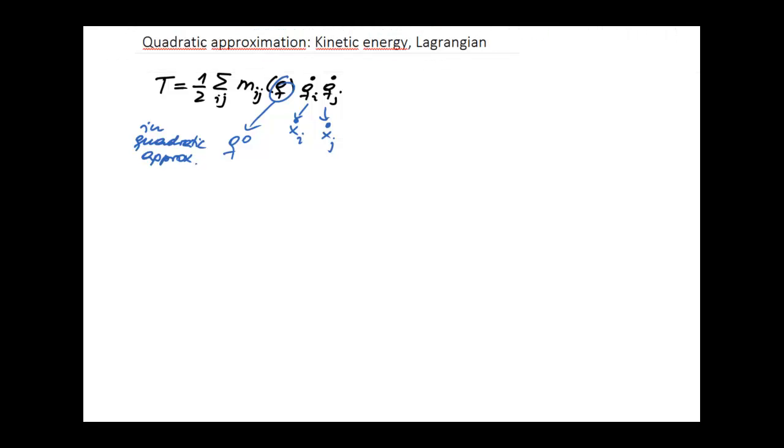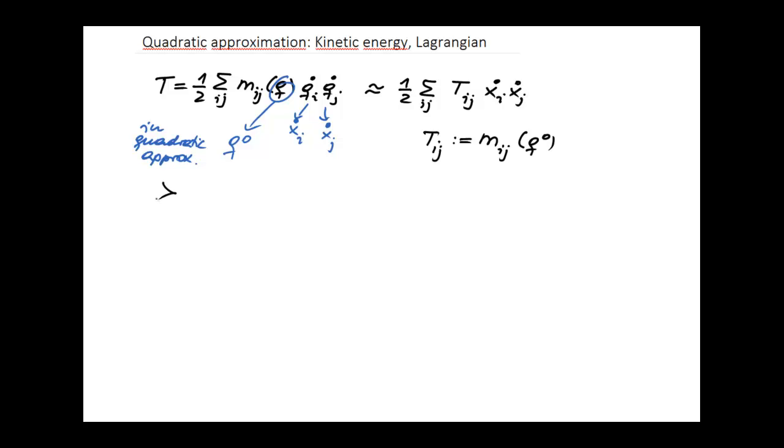So without any further calculation, we immediately find the approximate result in the quadratic approximation for the kinetic energy. It's sum over ij, and then we have a coefficient matrix which I would like to call Tij, and which is nothing but the coefficient Mij evaluated at the equilibrium configuration times xi dot xj dot.